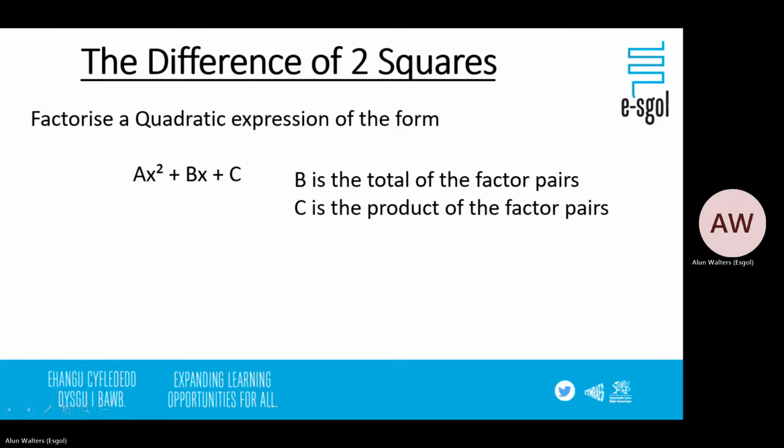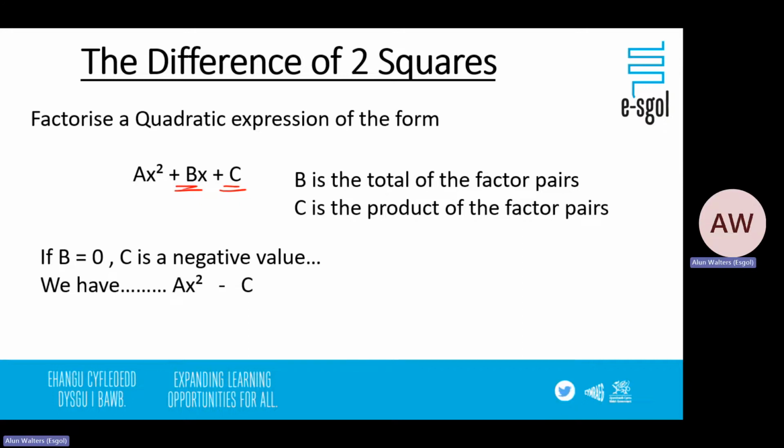Right. This is still factorising a quadratic, but on this occasion, the value of b is 0, so that term disappears, and the value of c is a negative value. Right, so what we end up with is this.